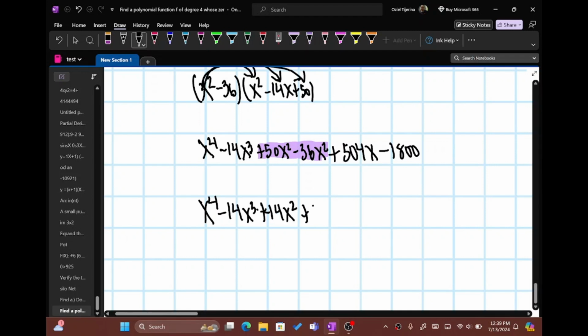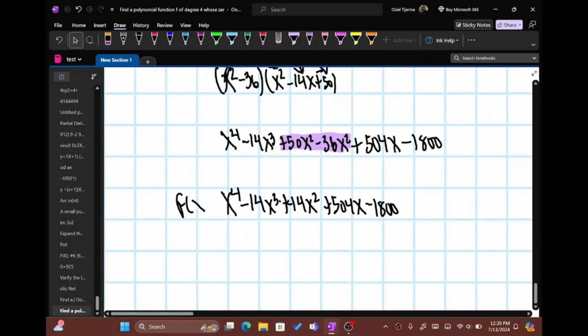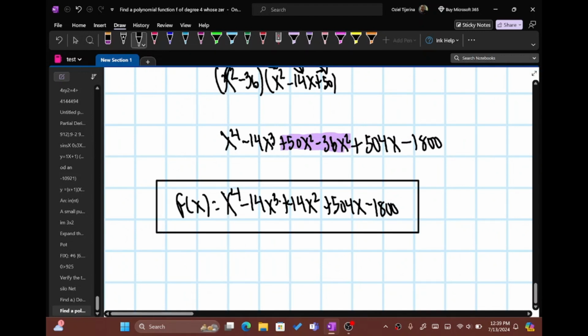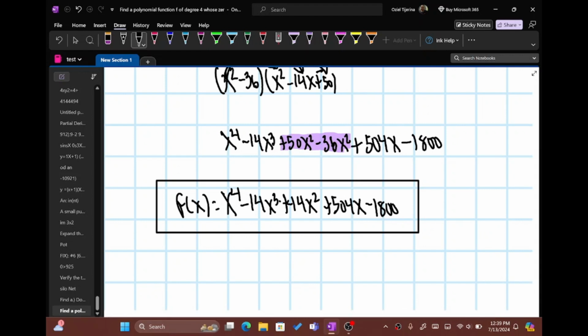And then plus 504x minus 1800. So this, guys, is our final simplified answer, and this is the polynomial that we end up with given these zeros as well as complex zeros.